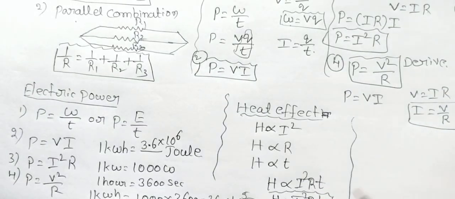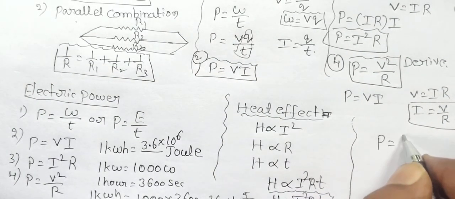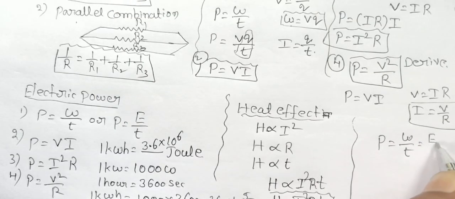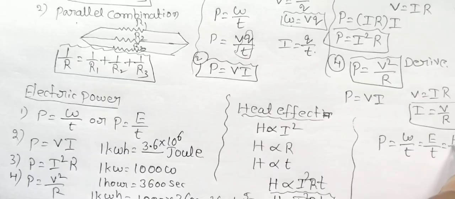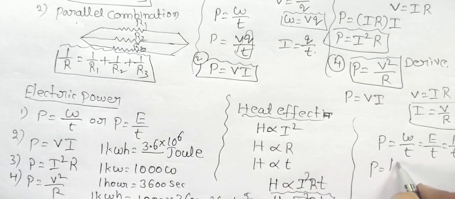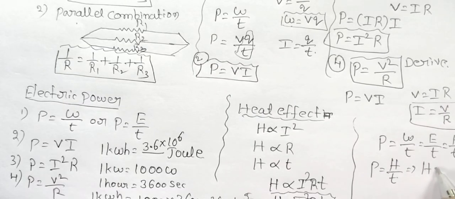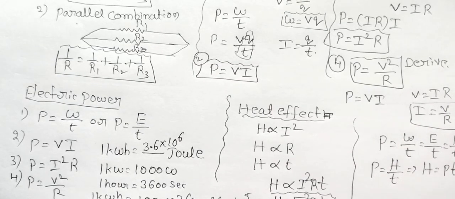Now we can see some more detail. Power is equal to work by time, we know. This work we can write as energy, and this energy we can write as heat. So power is equal to H by time also we can write. It means H is equal to power into time.